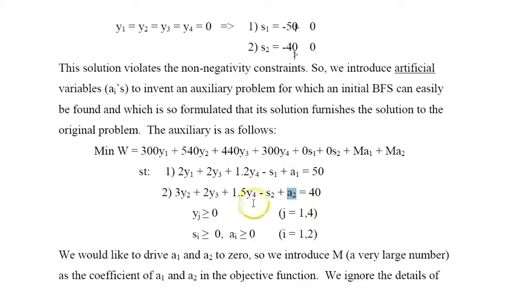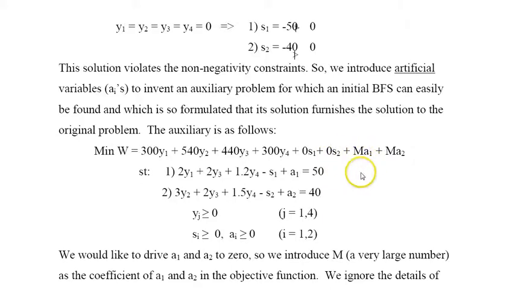Adding the artificial variables will increase your feasible region. To fix that, we add a penalty in the objective function. Since I'm minimizing, I would add M A1 plus M A2, where M is a very large number, like 10 million maybe. If the problem is maximization, I would subtract.